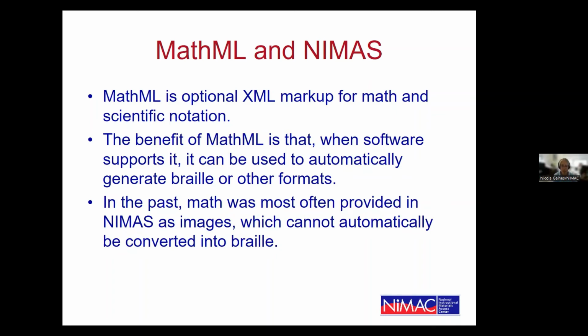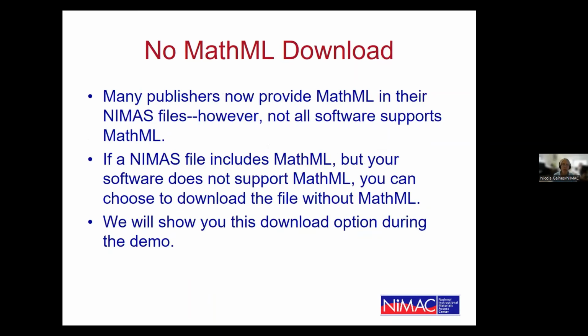Historically, math in printed books and in NIMAS files has been provided as images. And as we know, images at this point cannot automatically be converted into Braille. They just can't. So MathML can be really advantageous if you are able to work with it.